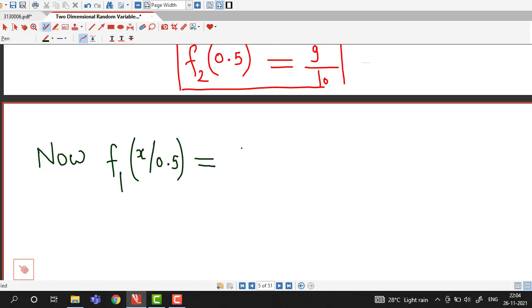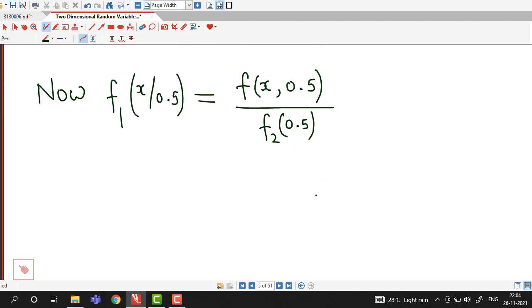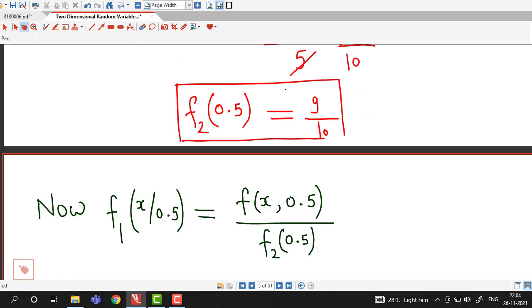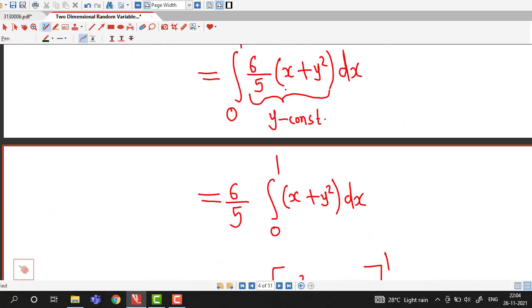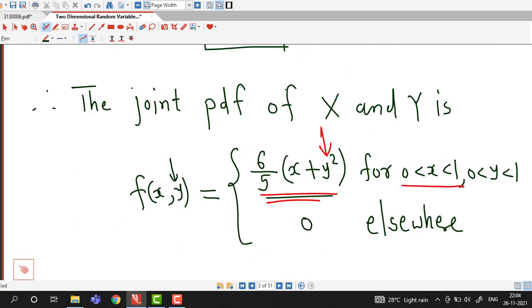So this is by definition value of joint density at point x comma 0.5 divided by value of marginal density at 0.5. Now this is going to be f of x comma 0.5 that we will obtain from the formula of joint density.